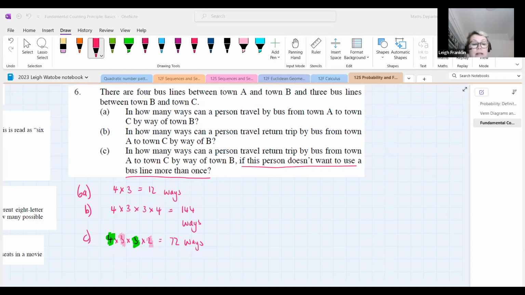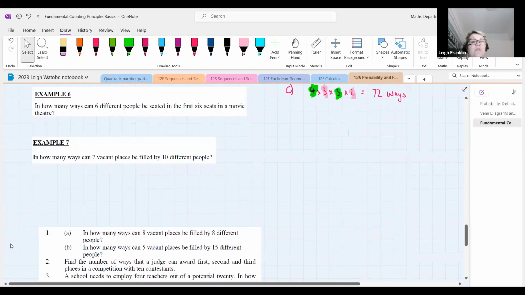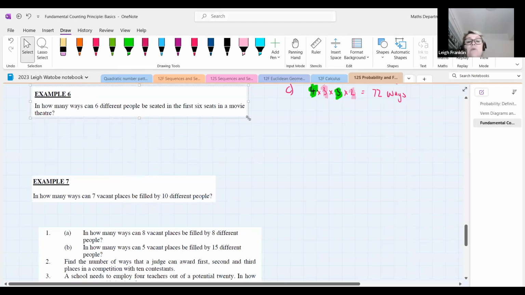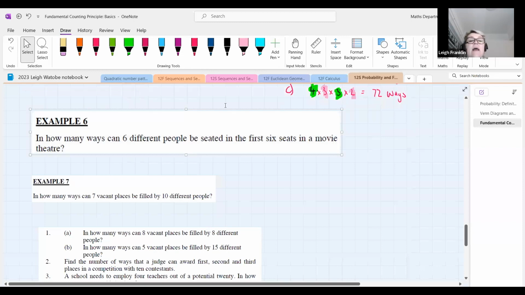All right. So let's go and have a look at this. We've been speaking a bit about factorial notation, right? And when we talk about people, people can never ever be repeated, because people are unique, not like letters and digits.